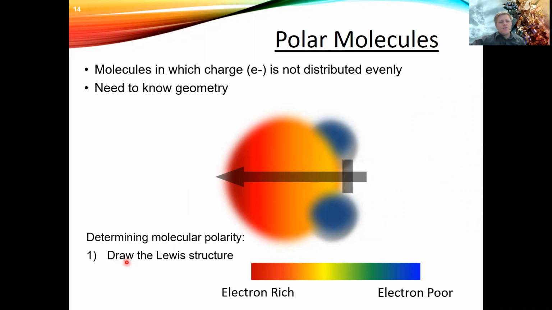What you need to do first is draw the Lewis structure. Once you have the Lewis structure, figure out your geometry, and then look for your net dipole. You're still looking for polar bonds, and then you try to add those up to see if they cancel each other out or if they support each other.